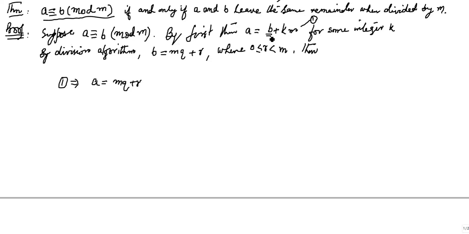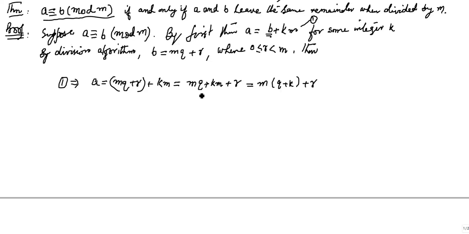So, we replace B by M Q plus R, then we have K M. So, we write K M here. So, now this can be written as M Q plus K M plus R, and if we take M as common from here, we write M times Q plus K, plus R.